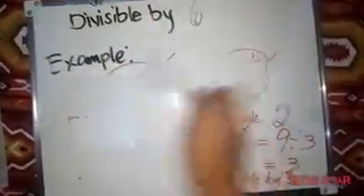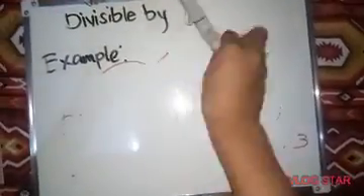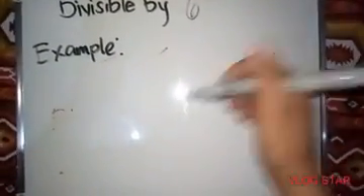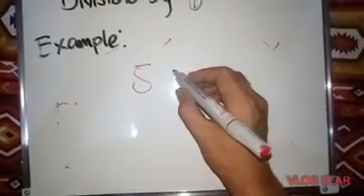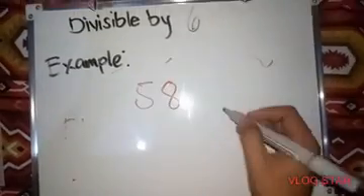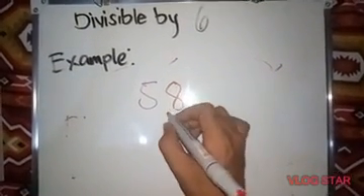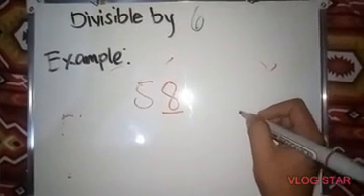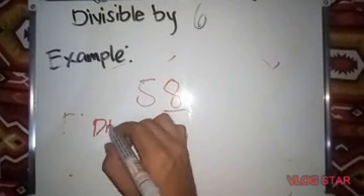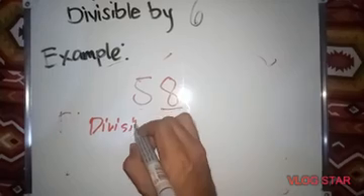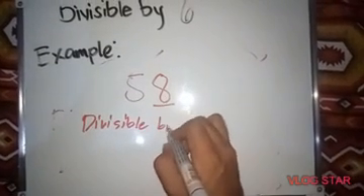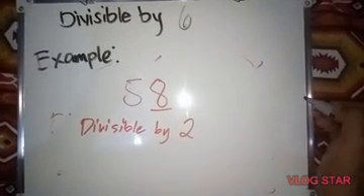Another example. 58. Since the ones digit is 8, 58 is divisible by 2.